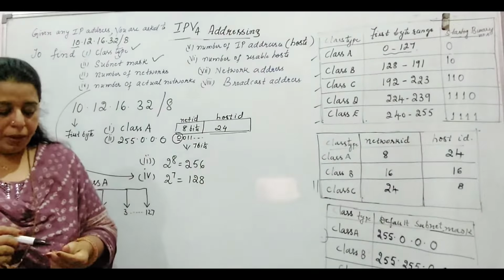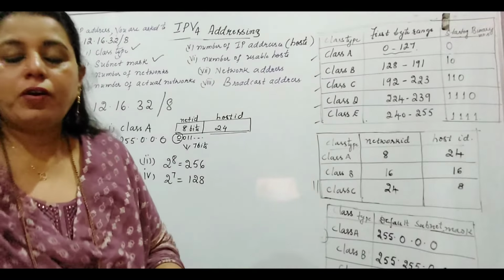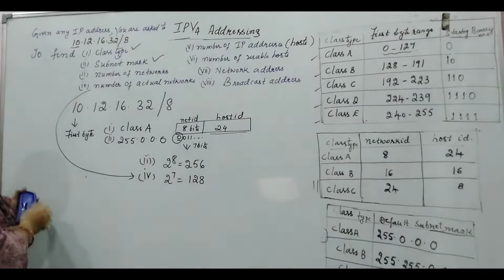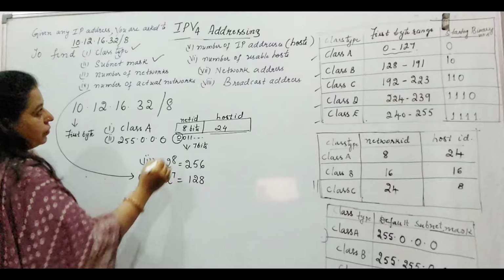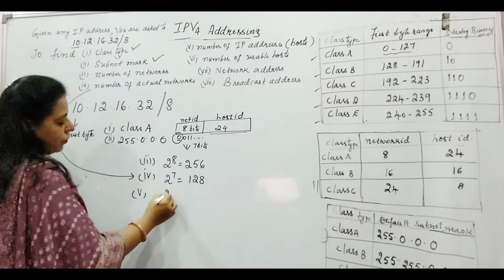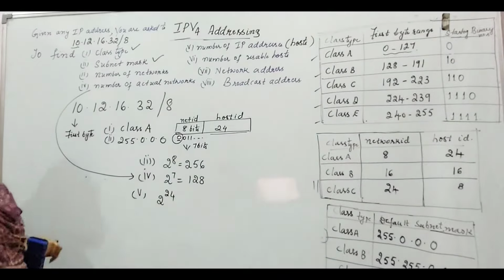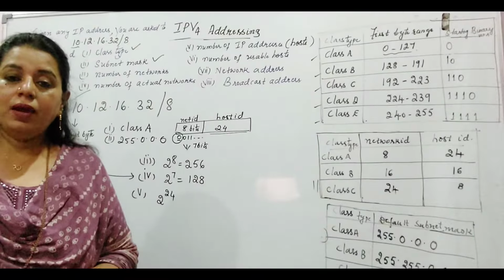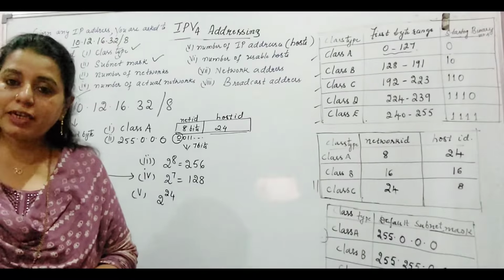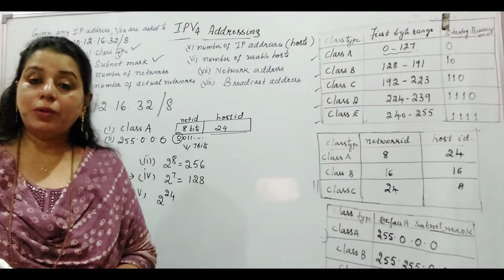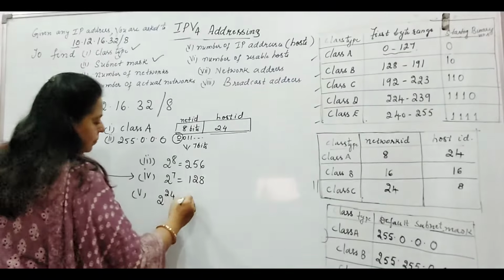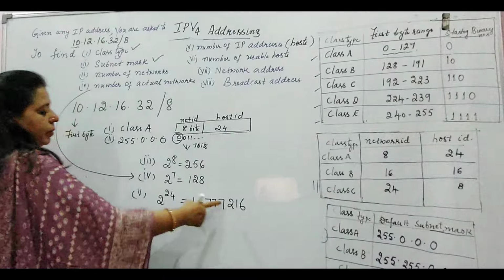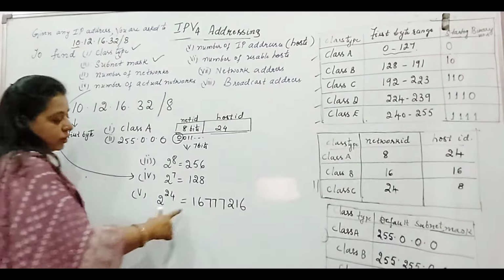Because 24 bits are meant for the host part in class A, for the fifth one, number of hosts, it is 2 to the power of 24. 2 to the power of 24 hosts are possible in each network. In class A, you have 128 networks, and in each network 2 to the power of 24 hosts. So these many hosts are possible.